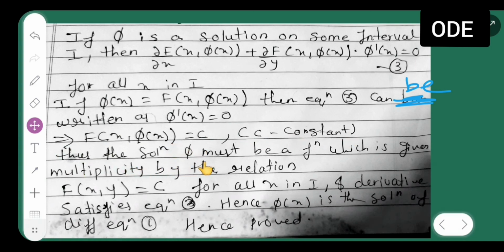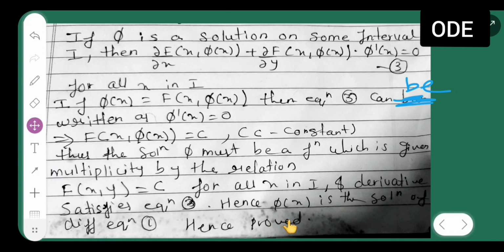Thus the solution phi must be a function which is given by the relation f of x comma y is equal to c for all x in I, and the derivative satisfies equation 3. Hence phi of x is the solution of the given differential equation, hence proved. Write this on the next line, and then this, hence proved.